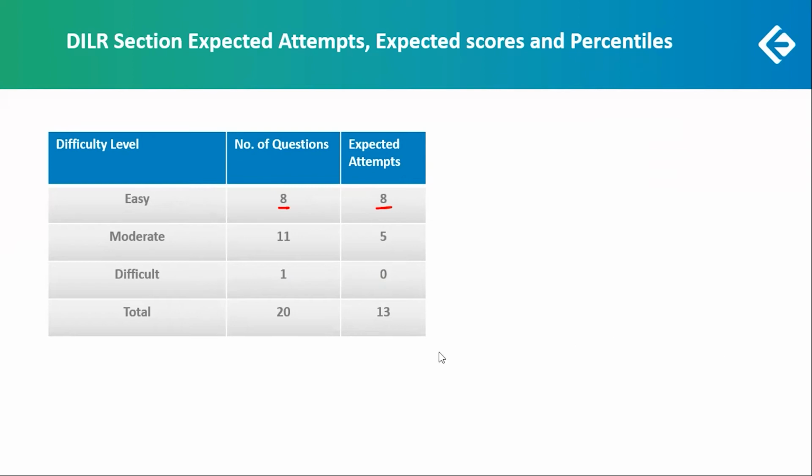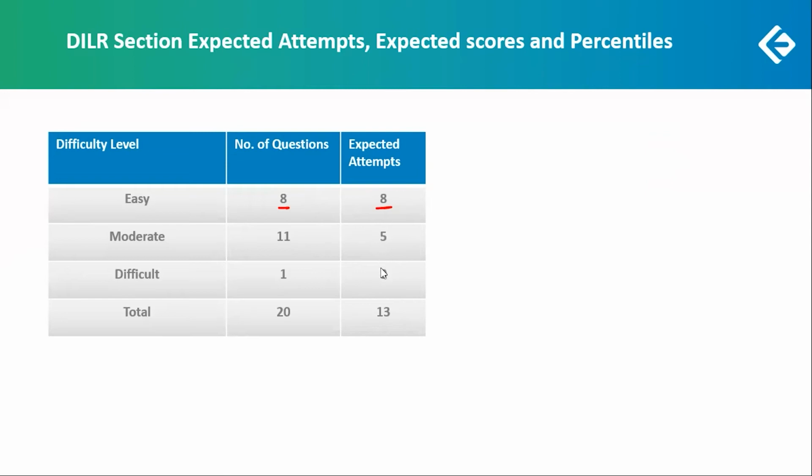Set 2, you can skip completely. Okay. Now, from set 1 and set 3 combined, you will be able to solve around 5 questions due to time constraints.